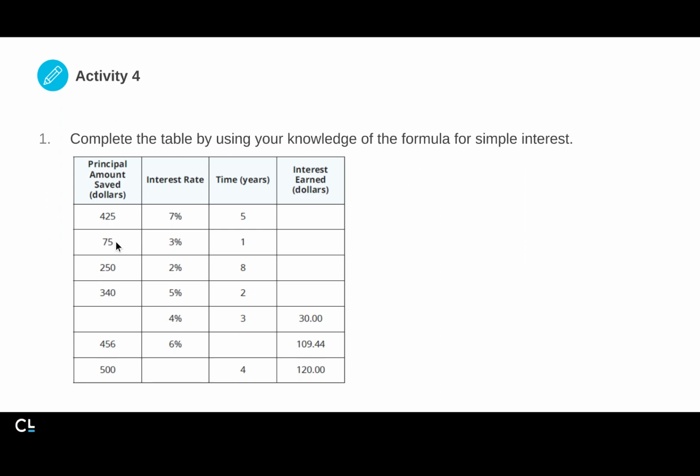So for this line here, the second line, my interest earned is $2.25. And if I did not add any money to that account for that year, I would simply say I now have 75 plus 2.25, right? And if I add that together, that's a total of $77.25.